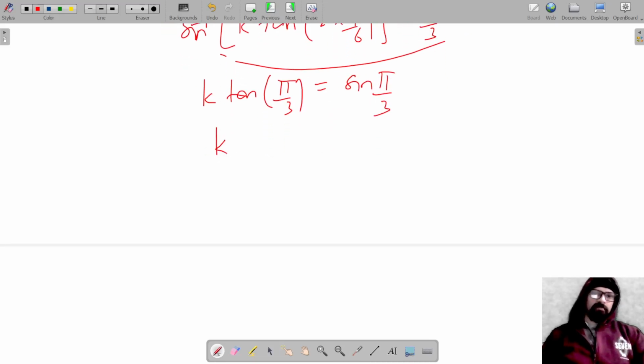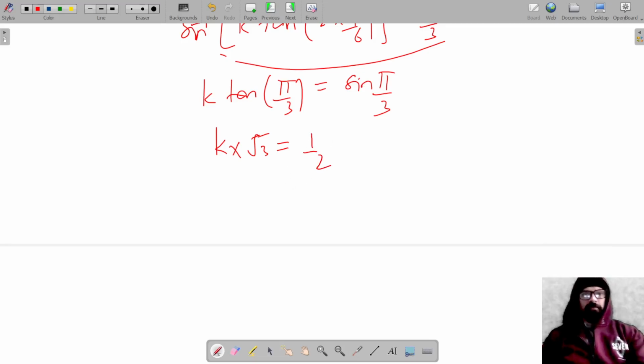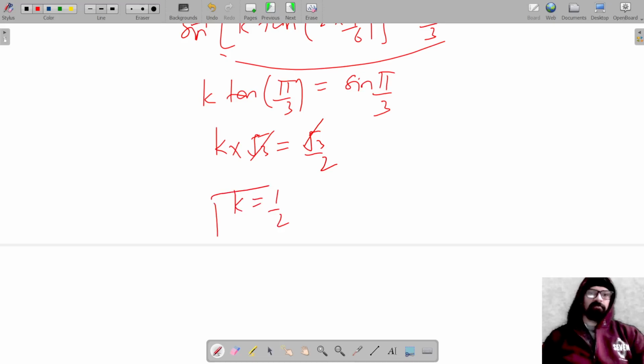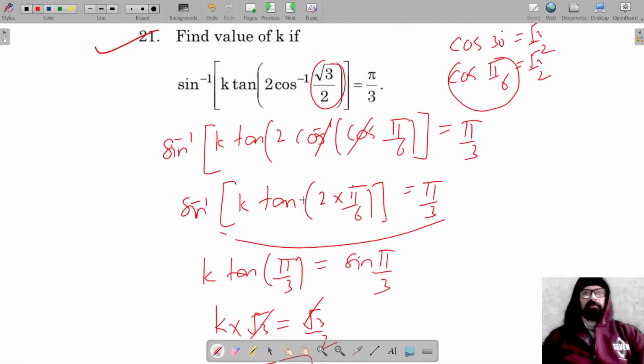Okay, now tan pi by 3 means it's tan 60, which is root 3. Tan pi by 3 is root 3. Sine pi by 3, sine 60, which is half. Okay, sorry, sine 60 is root 3 by 2, which gives me the value of k as half. So the value of k is half.